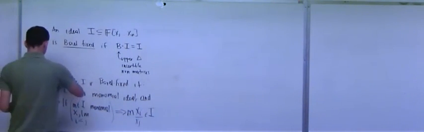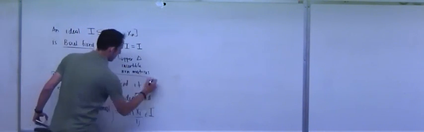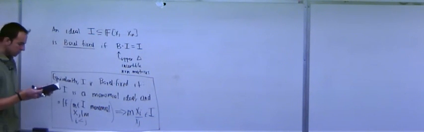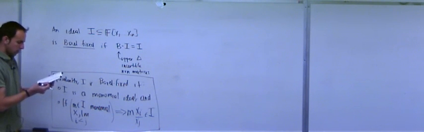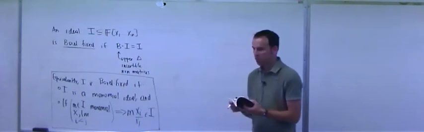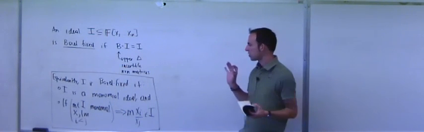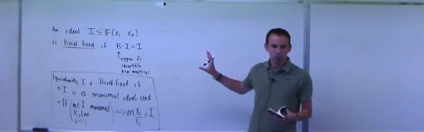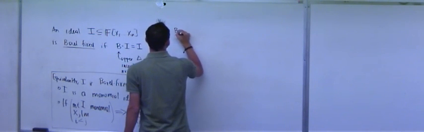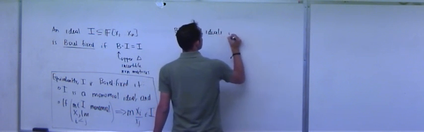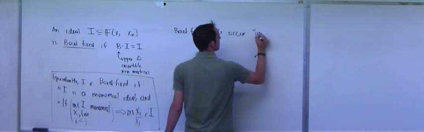So this is one of the main things that we did last time. So the first thing that I wanted to tell you today is a way in which these Borel-fixed ideals occur very naturally. Borel-fixed ideals occur in nature, let's say.